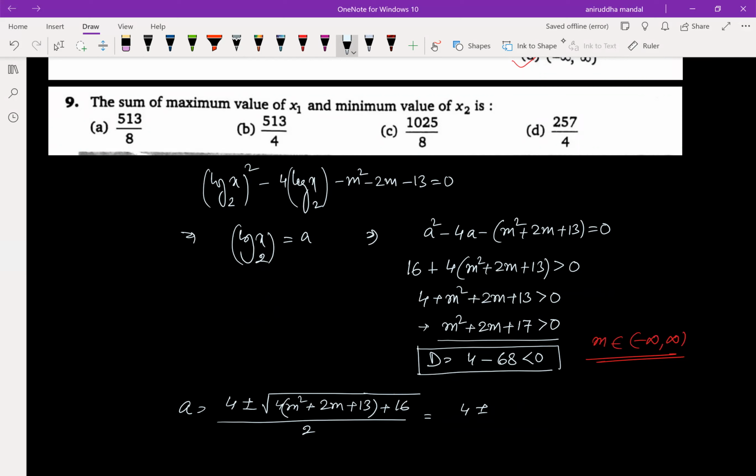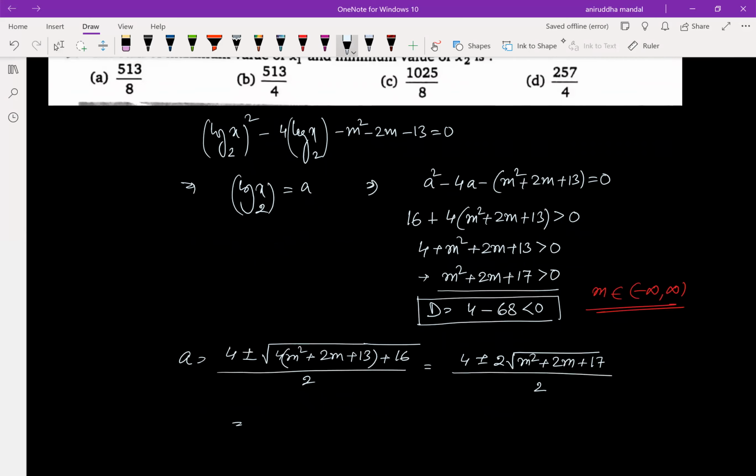This is 4 plus or minus, taking 4 common, we get 2 outside. Inside this is the expression 2(m² + 2m + 17) divided by 2. So if we divide by 2, we get 2 plus or minus the square root of m² + 2m + 17. We can write this as 1 plus 16, which means 2 plus or minus the square root of (m + 1)² + 4².